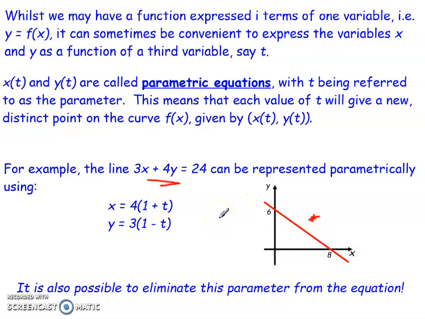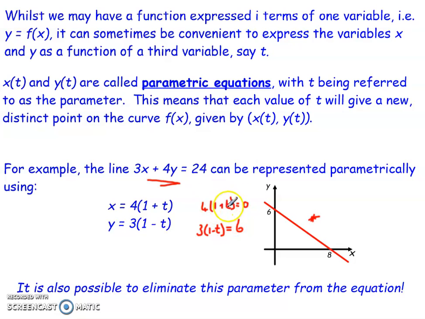So for example, we know here that y is equal to 6 when x is equal to 0. So if x was equal to 0, I'd have 4(1 plus t) equals 0, and the y would be 6, so I'd have 3(1 minus t) equals 6.